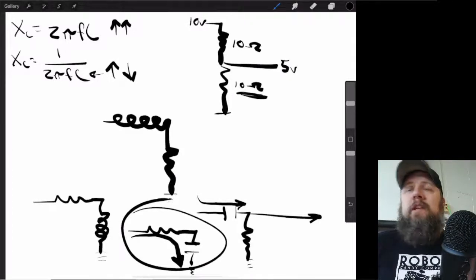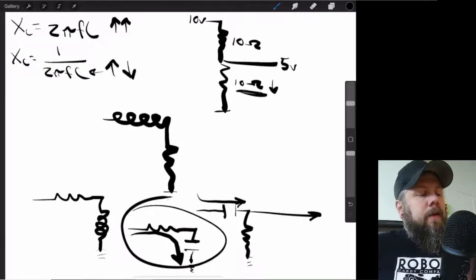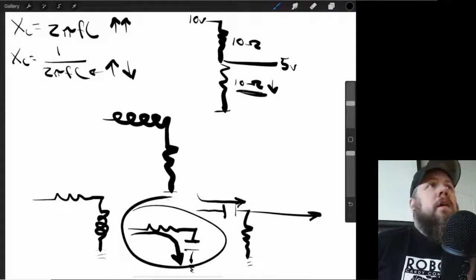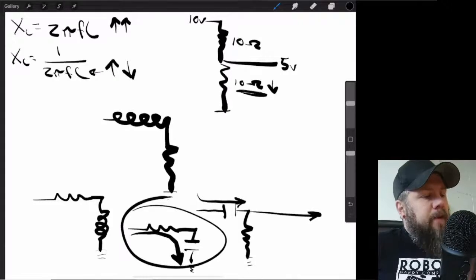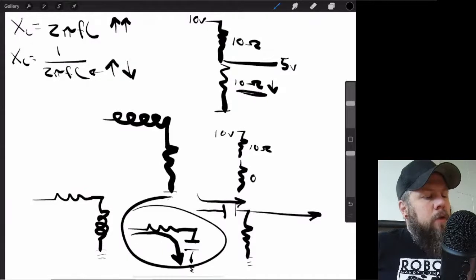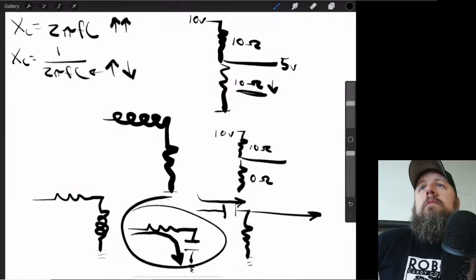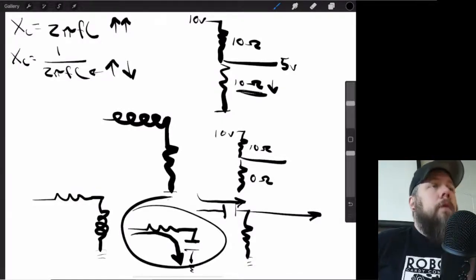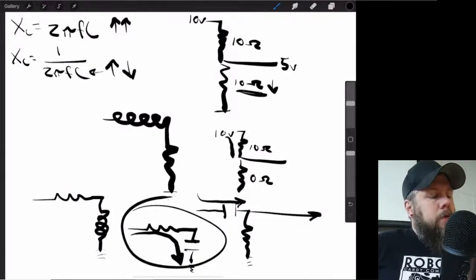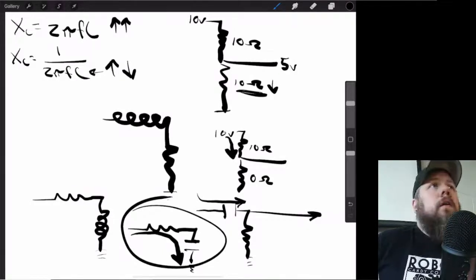As the frequency goes up, what happens to this right here? It goes down. Okay, so if I had 10 volts and 10 ohms, and then I had a resistor that was practically 0 ohms, what am I getting out? 10 volts. Actually 0 volts, because I'm dropping all of that voltage across that 10 ohms.